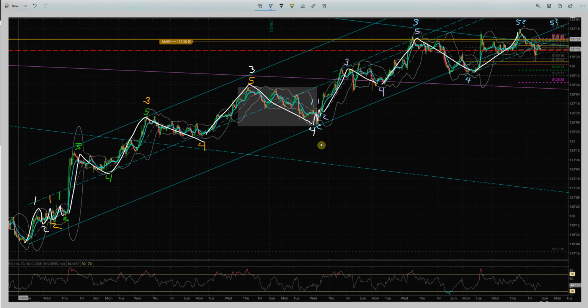And what I'm kind of wondering about is whether the anchor for these extensions up here is the tops of these 1s and 2s, or is it over here, this third wave on the left side of the channel? They're about equal. I mean, they're all coming in around 12628.